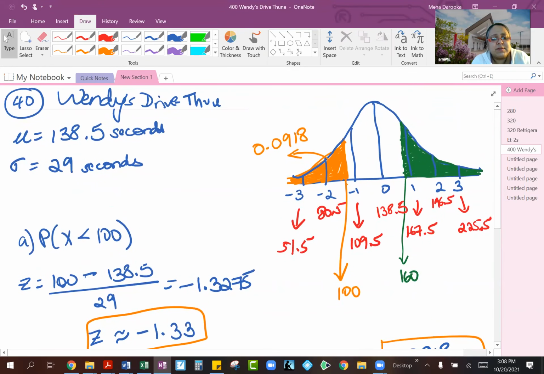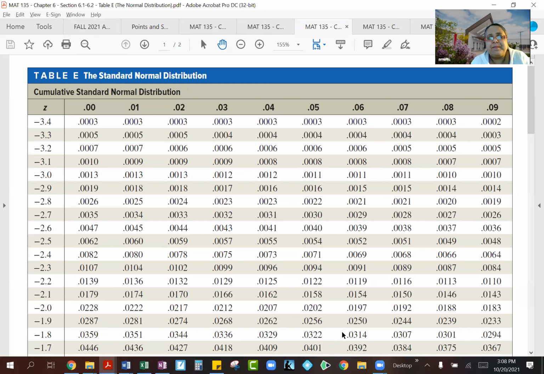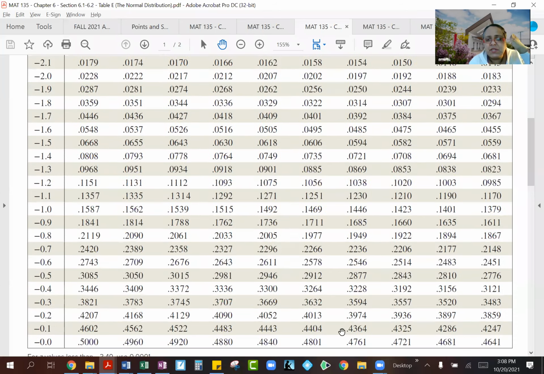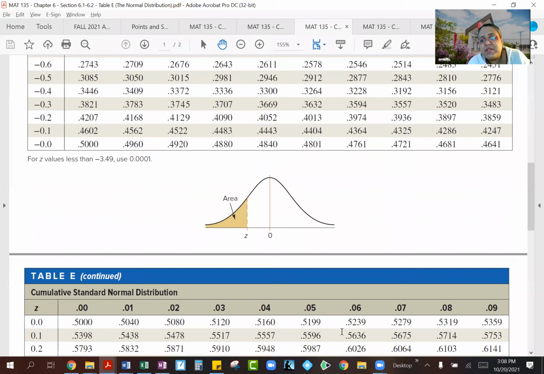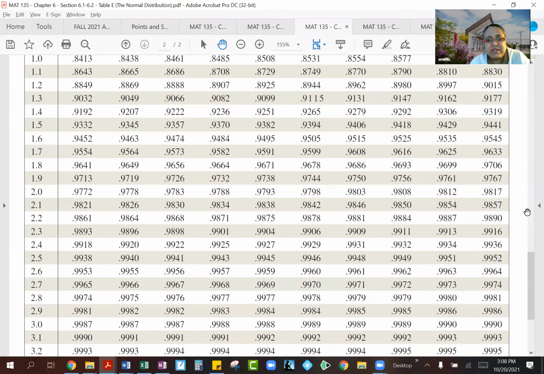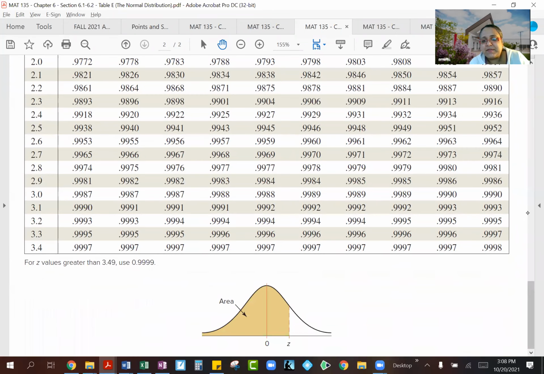By default, your standard normal distribution table always gives you the area to the left of the z-score. So, even if your z-score is over here, the table is giving you this entire area over here. And you can actually see that on the positive side, that's what they're showing you. We are interested in the right-hand side, so we will have to do a little calculation to figure that out.